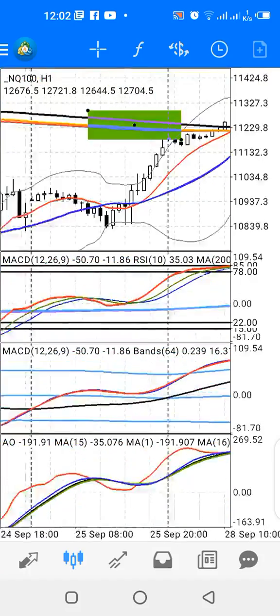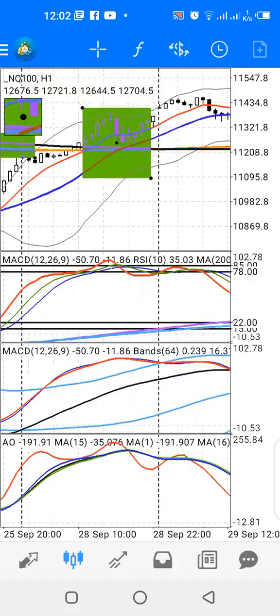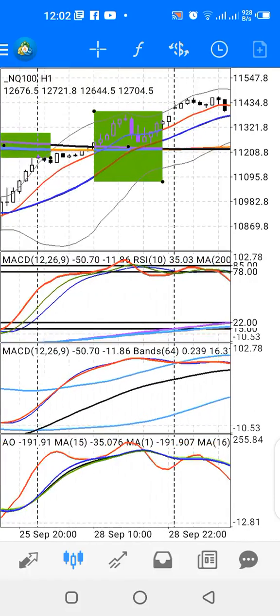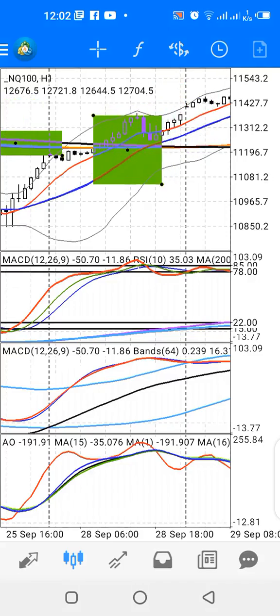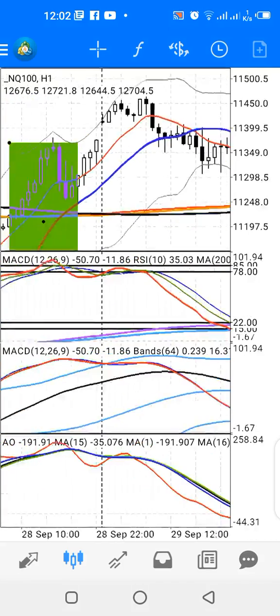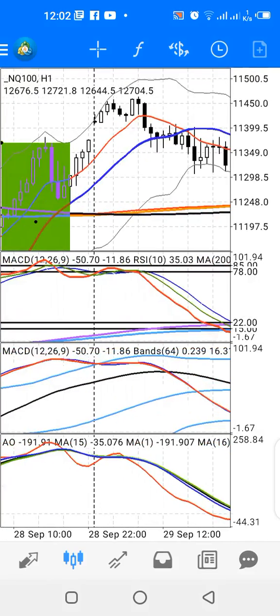Until I have a total cross up, and I start there, that signals the start of the bullish trend somewhere around here. So that's basically how you use the indicators on the main window.